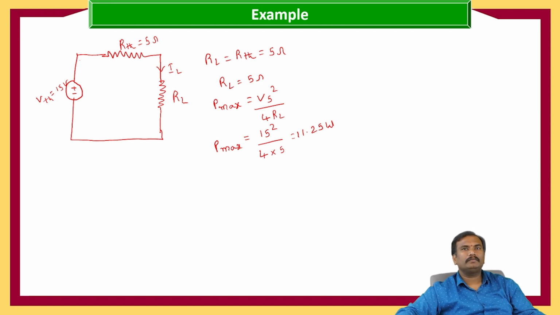In this session we have discussed what the maximum power transfer theorem is, how we derive the condition for maximum power transfer, and some examples corresponding to the maximum power transfer theorem.